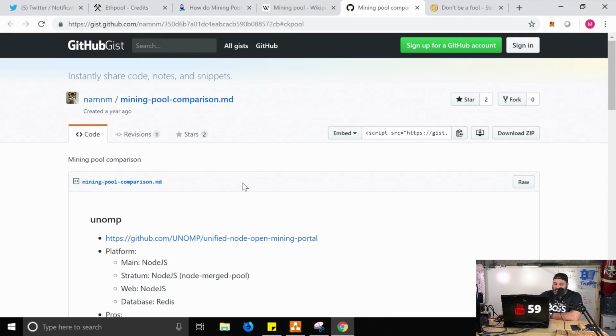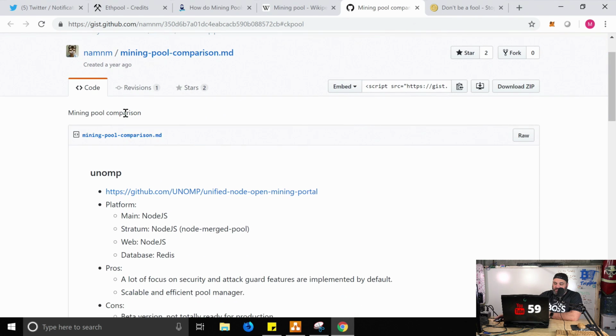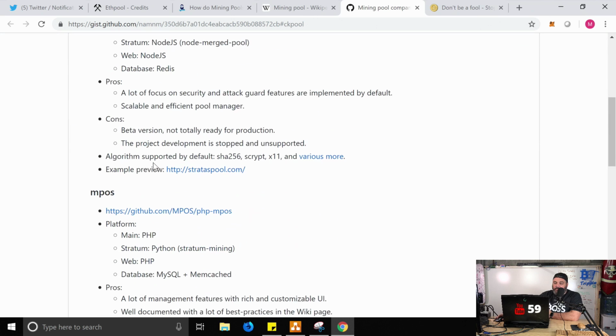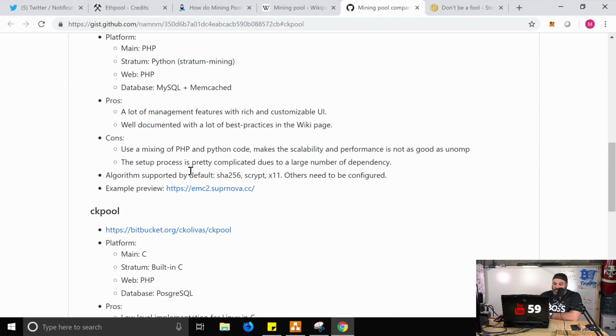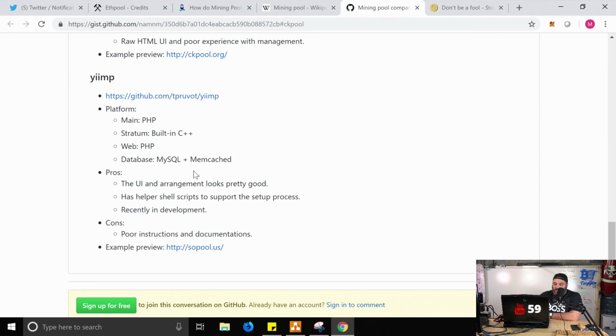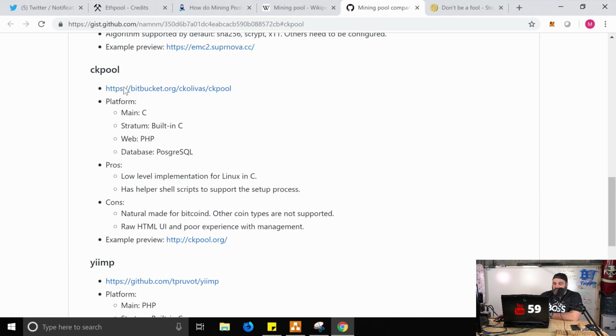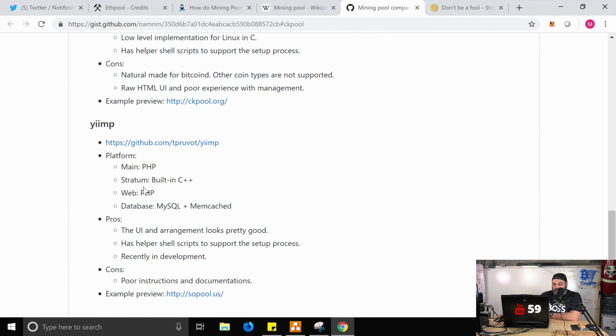And I put this GitHub in the description, where it shows some common mining pool software that's out there that's open source, what platform types they're on, and what the pros and cons were. YIMP I know has had some issues, and some of the larger pool hacks have been on YIMP, so I'd be careful on YIMP.